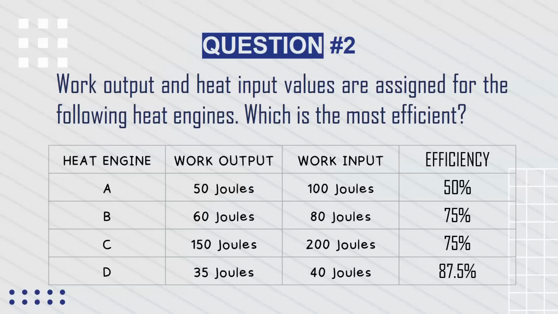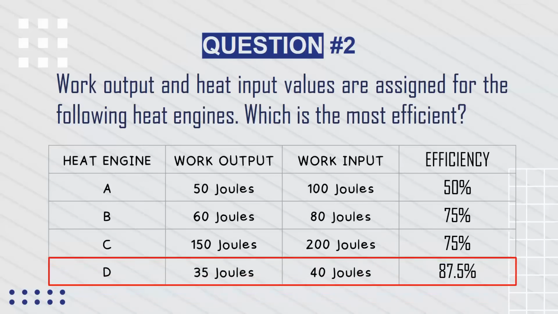Heat engine A has 50% efficiency, heat engine B has 75% efficiency, heat engine C is 75% efficiency as well, and heat engine D has 87.5% efficiency. So that leaves us with the correct answer, which is letter D, heat engine D with 87.5% efficiency.